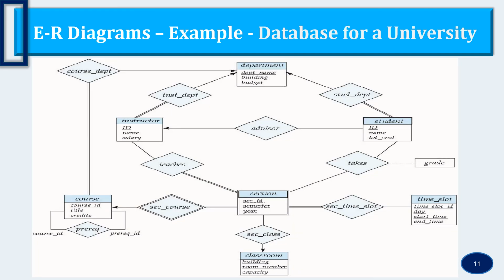So after identifying these entities and relationships, we are going to draw the ER diagram. As we said, we have 7 entity sets, so we draw 7 divided rectangles in the diagram.